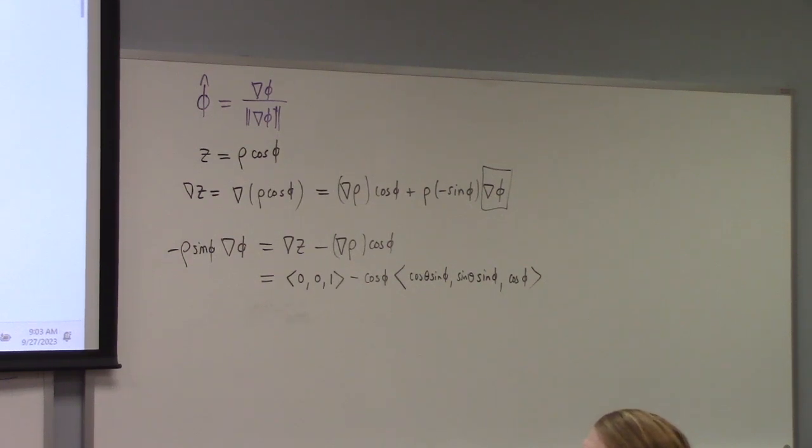Now this makes more sense, actually, if you remember in spherical coordinates, right? If this is rho, then this distance down here is r. But you see r is equal to rho sine phi. So it's really the same as it was.